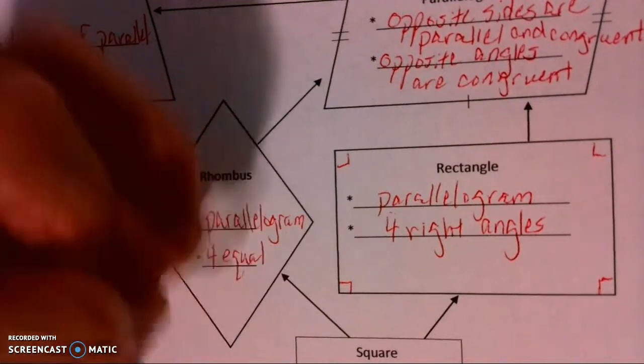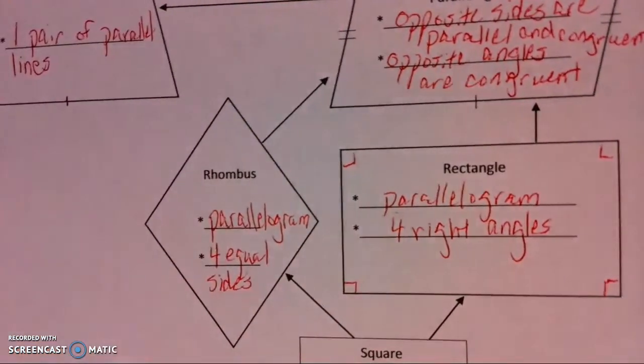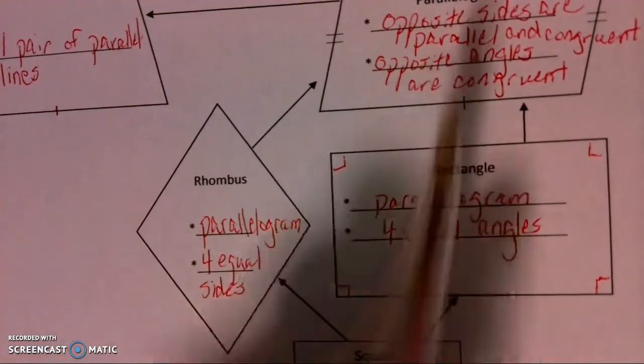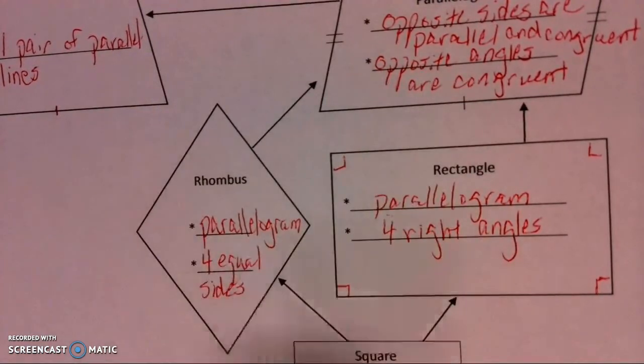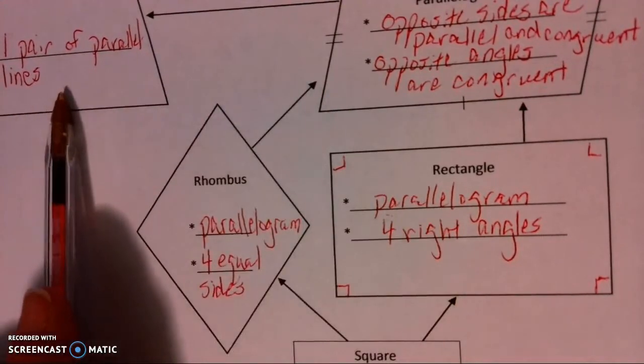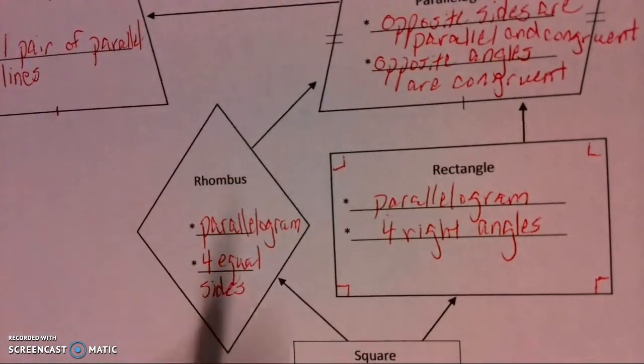So I'm not worried about right angles on a rhombus, but what I am looking for are 4 equal sides. So again, a rhombus is a parallelogram. It is not a rectangle, but it is a trapezoid. So a rhombus is a parallelogram with 4 equal sides.